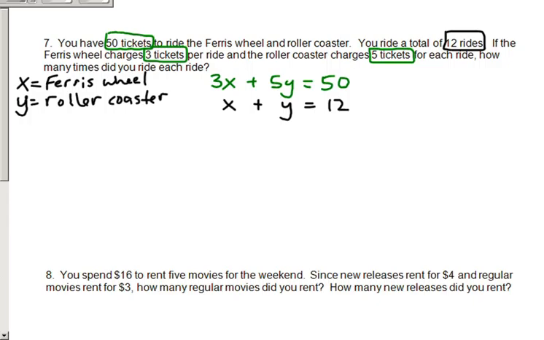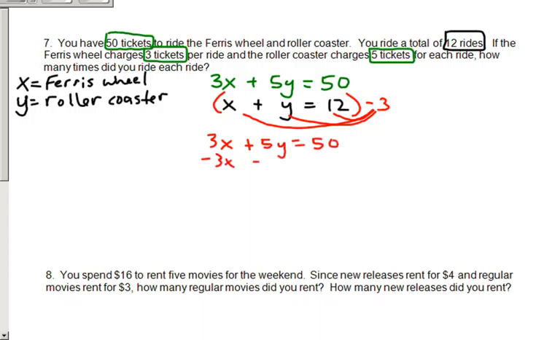Once you have your system set up, you can choose either substitution or elimination. I typically choose elimination because it's pretty easy. I'm going to multiply this one by -3, so my x's cancel out. Okay, that gives me 3x plus 5y equals 50, our top equation. -3x minus 3y equals -36.